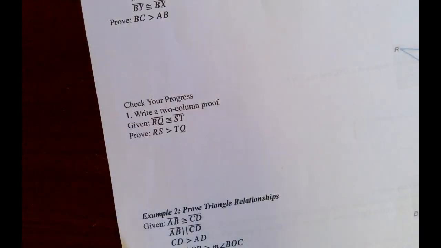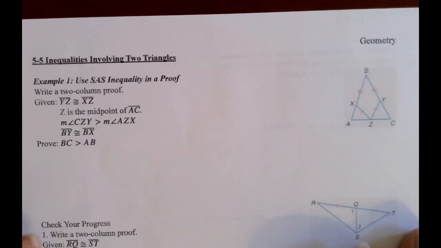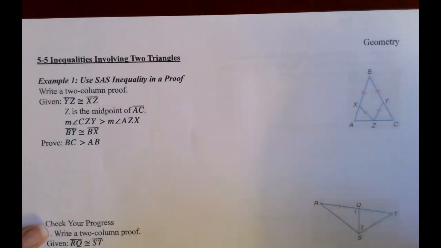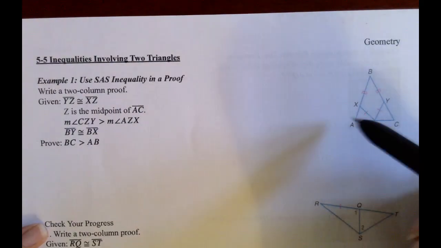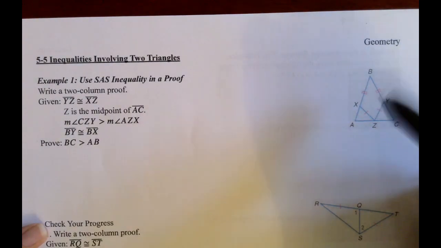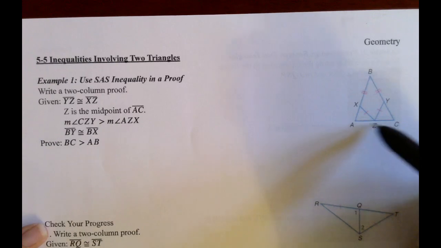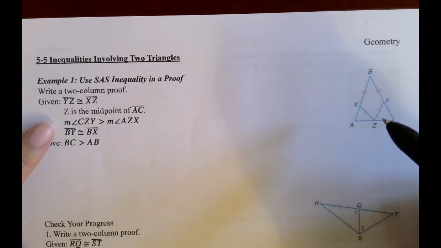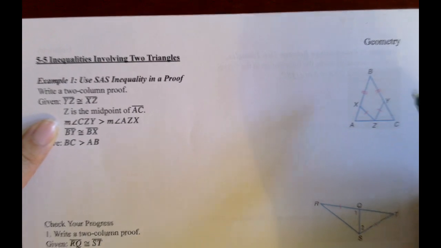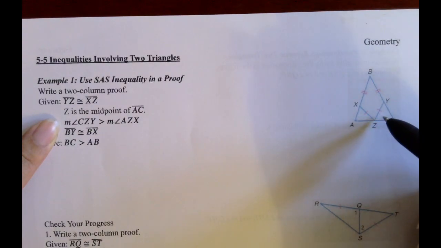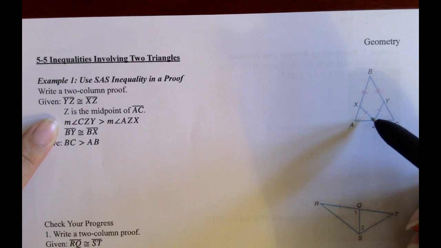So here we're going to write a 2-column proof. Several things we know. YZ is congruent to XZ. Z is the midpoint of segment AC. The measure of angle CZY, this one here, is greater than the measure of angle AZX, this one here.